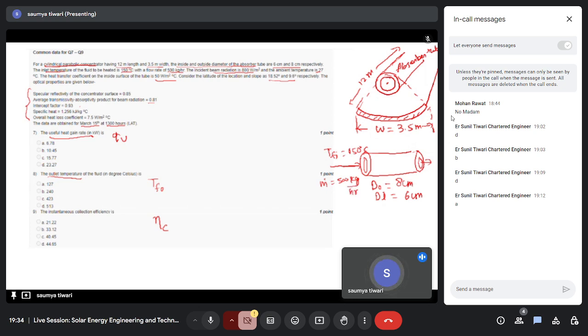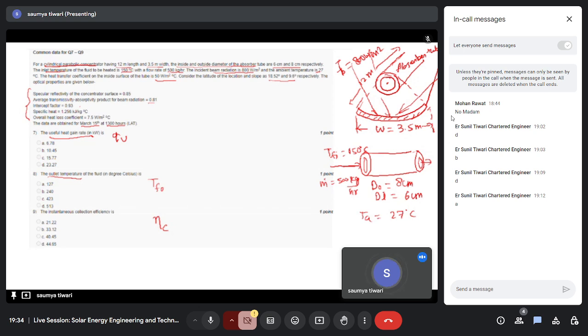Now the incident beam radiation is given to be 800 watt per meter square. And the ambient air temperature is given, this is 27 degrees Celsius.